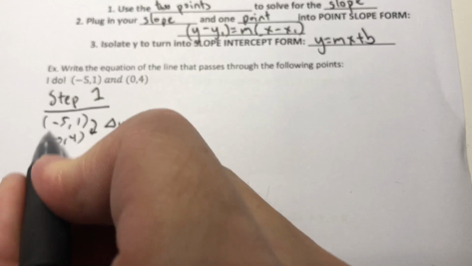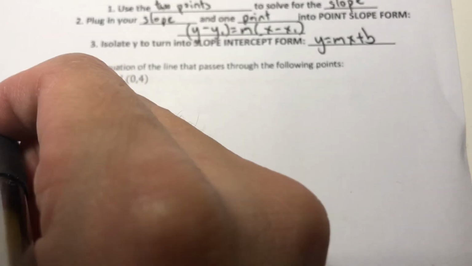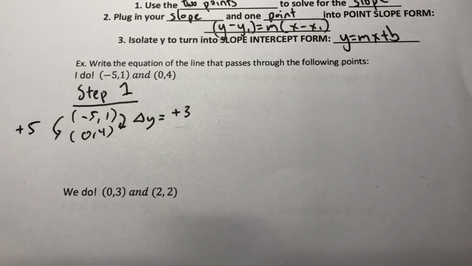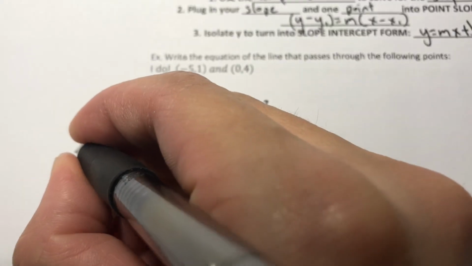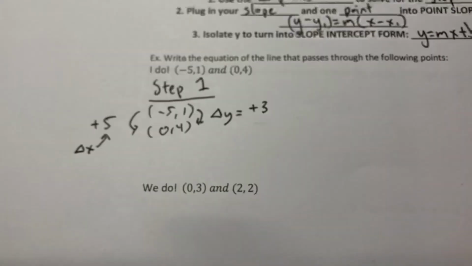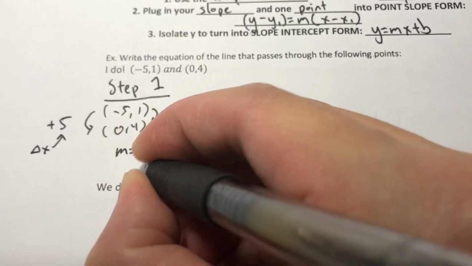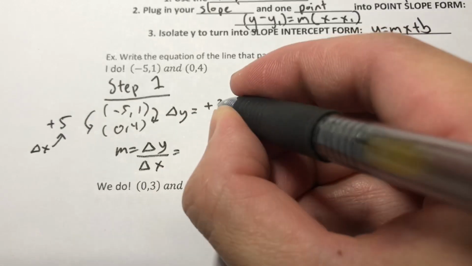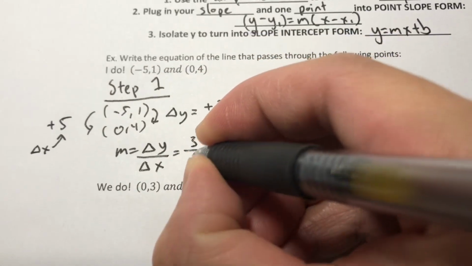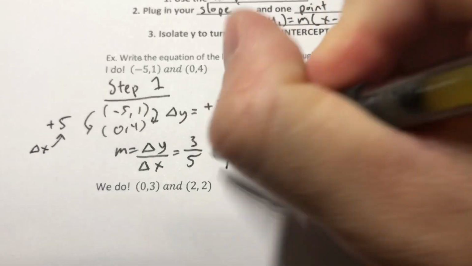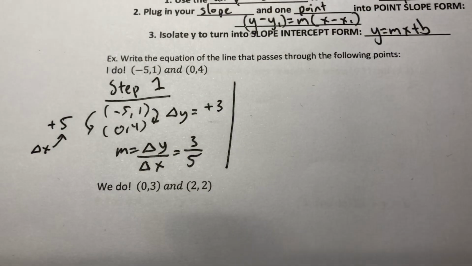Going from -5 to 0 is going to be plus 5. This is my delta x. So my slope, m, is equal to delta y over delta x. That's going to be 3 over 5. Right, that is step 1. Find m. M is 3 over 5.